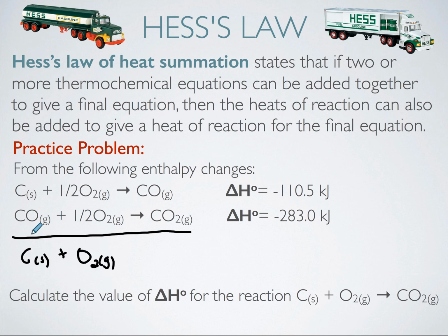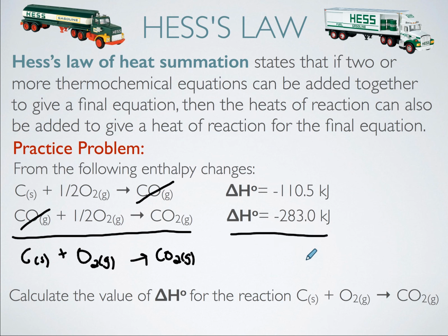I have carbon monoxide on the left side of this equation and carbon monoxide on the right side of that equation. That means that they're going to cancel out, so that they will not be present on either side. Then on the right side, I only have carbon dioxide left, CO2 gas. If you check over here, that's exactly what I was supposed to get.